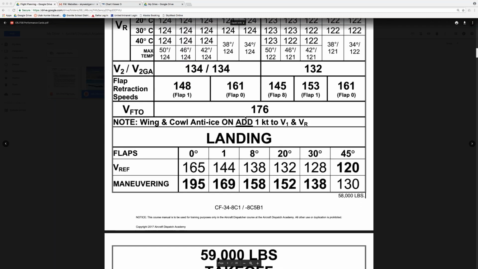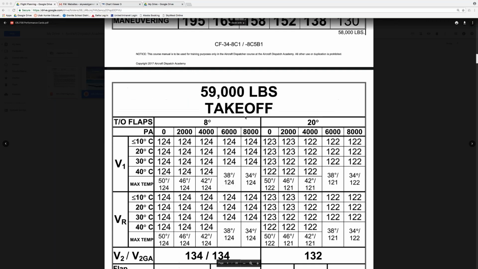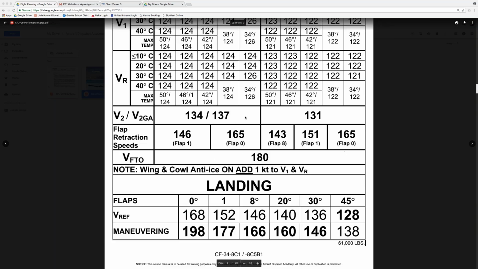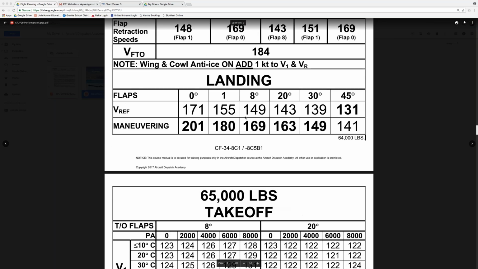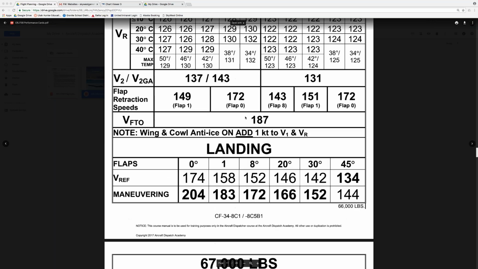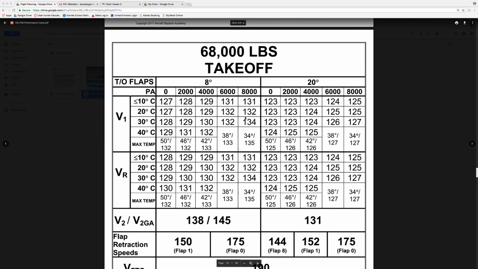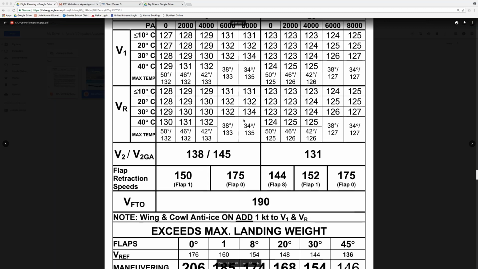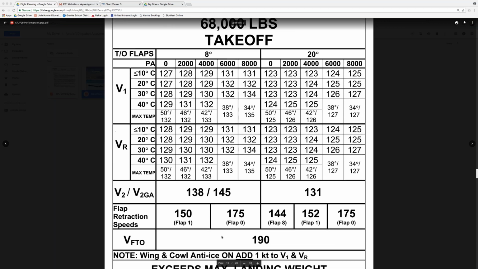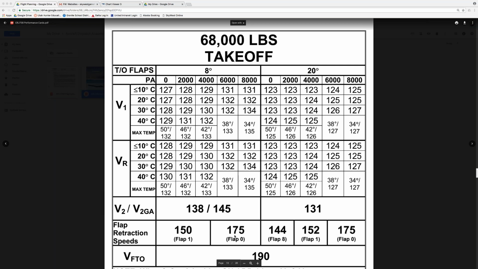Just to explain the difference there between 8 and 20. 8 is kind of the default. We always want to use 8 because 8 ultimately gives the best takeoff performance. As far as flaps go, the more flaps that you use on takeoff, the more lift the wing is going to create technically.